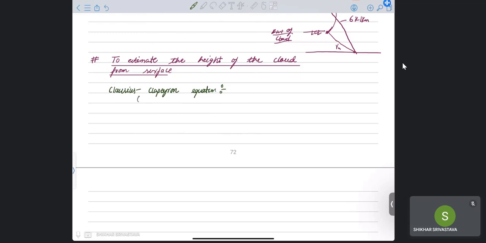You can see the derivations in that book, Rogers and Yau. So I'm just writing the equation. The Clausius Clapeyron equation is dEs by dT equal to minus LV Es upon RV T square. It just relates the change in the saturation vapor pressure with the change in the temperature. The ratio of these two things, dEs by dT, is given by this LV Es by RV T square, where LV is the latent heat of vaporization.